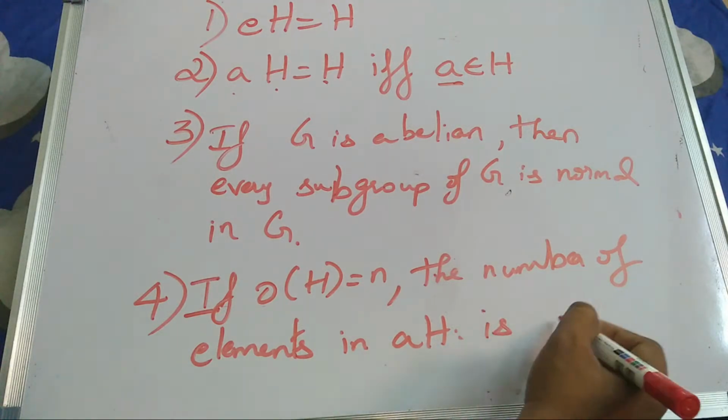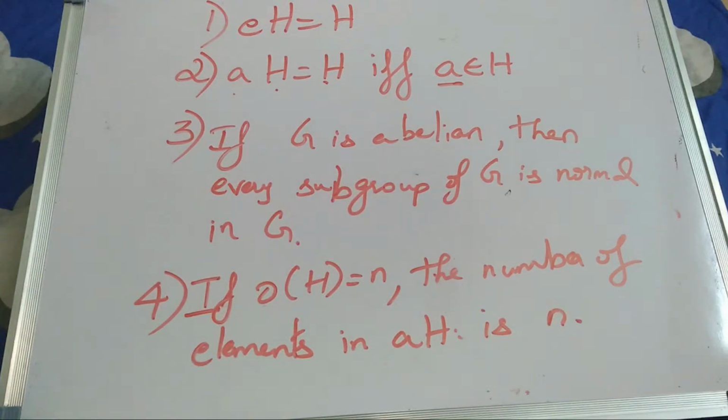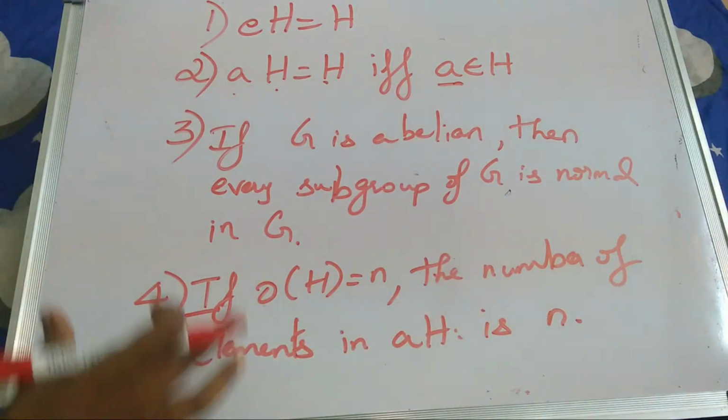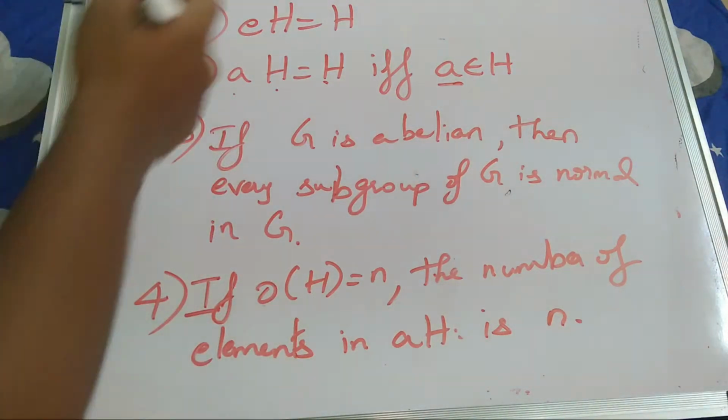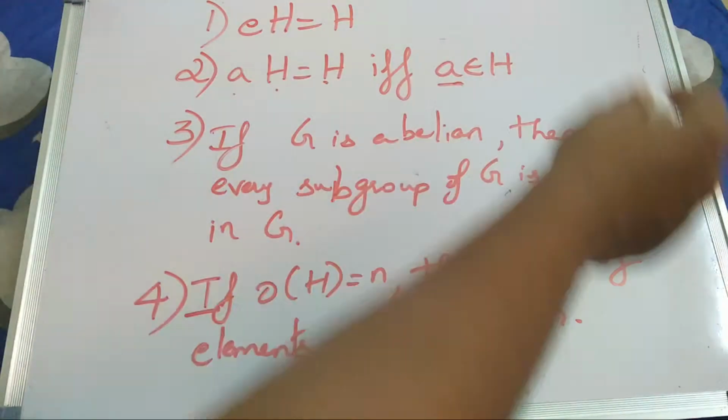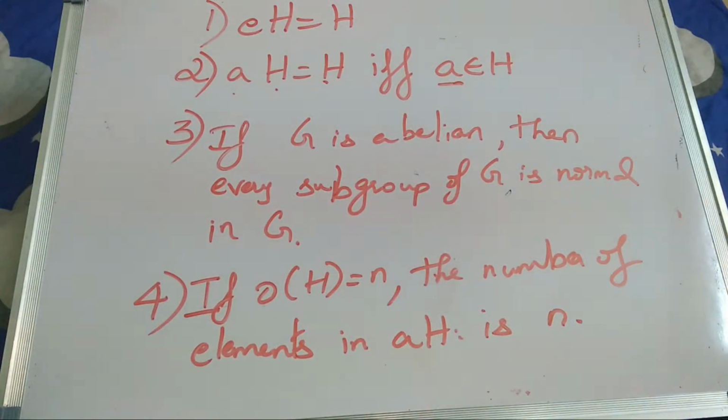If H is infinite, the number of elements in aH is going to be infinite. That is, the subgroup and the coset will have the same number of elements. Okay, so these are all the observations which we have made so far. These three are regarding the cosets, and this is a specific property about the normal subgroup.